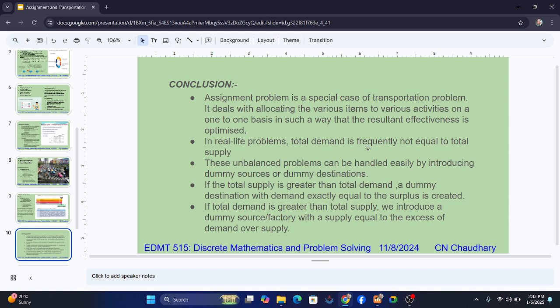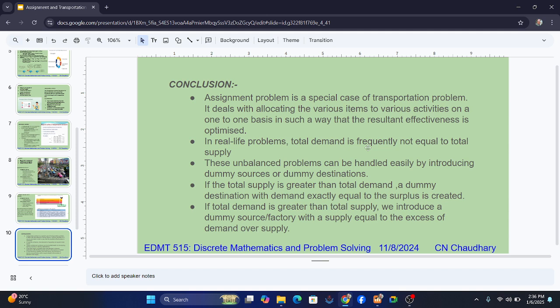Second, in real life problems, total demand is frequently not equal to total supply. Next, these unbalanced problems can be handled easily by introducing dummy sources or dummy destinations.